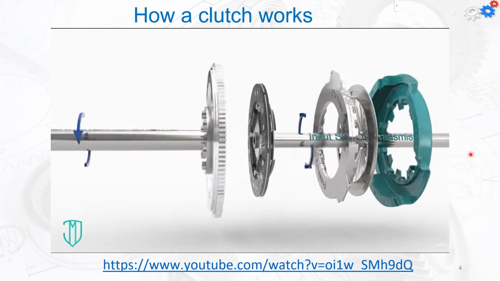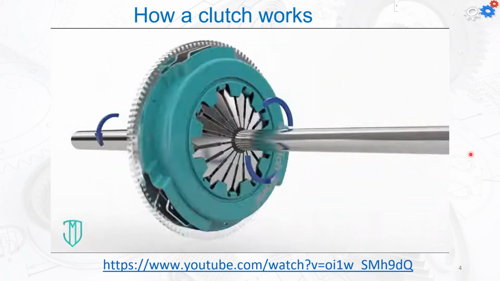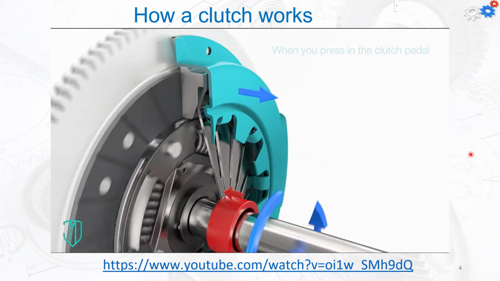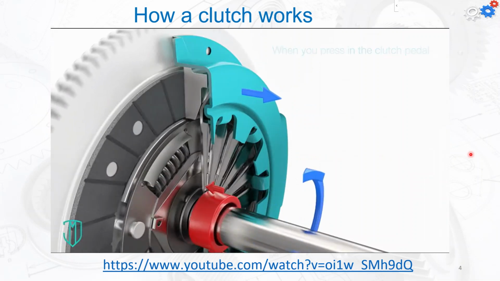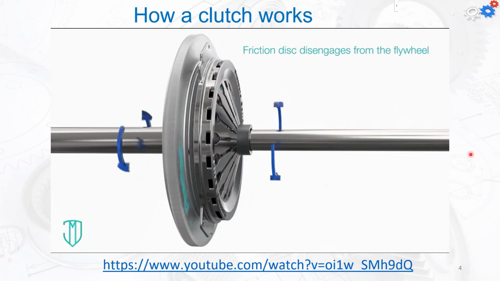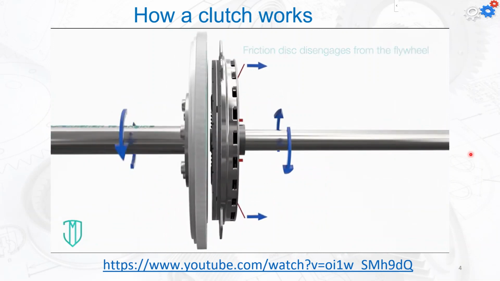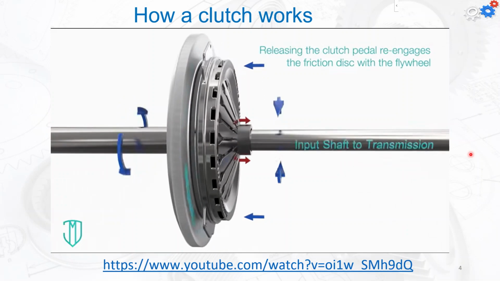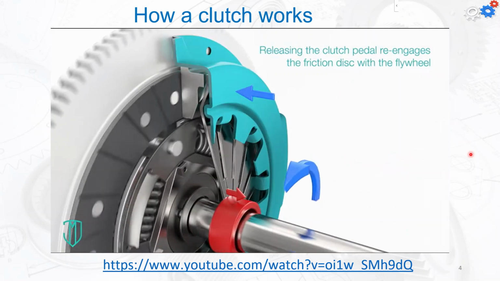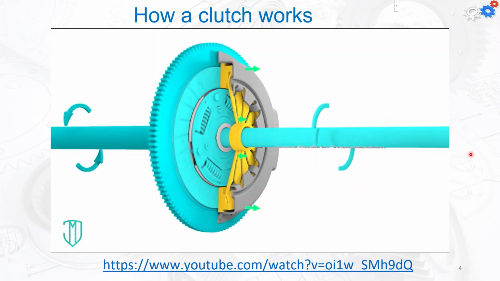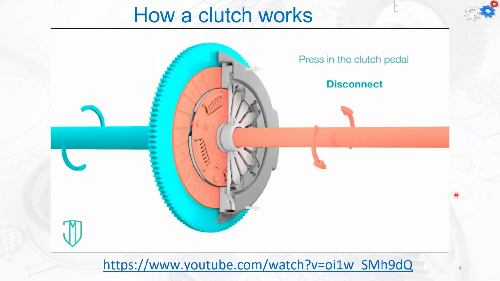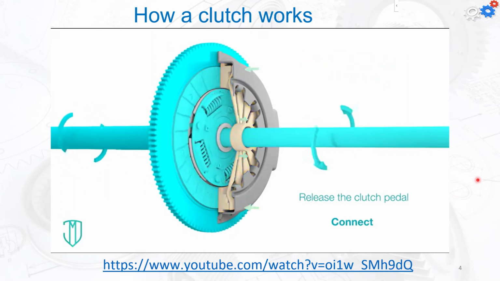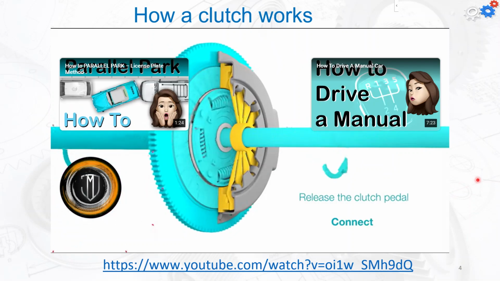Let's temporarily pause the spinning of the cover, spring, and plate to see how the clutch system works. When you press in your clutch pedal, you're pressing in the diaphragm spring. The outer edges of the spring bow outward and pull the pressure plate away from the disc. The disc disconnects from the flywheel and the input shaft stops spinning. When you release the clutch pedal, the opposite happens and the disc reconnects with the flywheel. Now that you know the basics of how a clutch works, in our next video we'll show you the best way to use the clutch to drive stick shift. Subscribe!